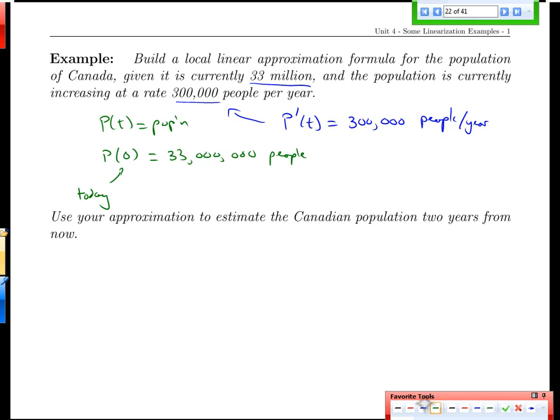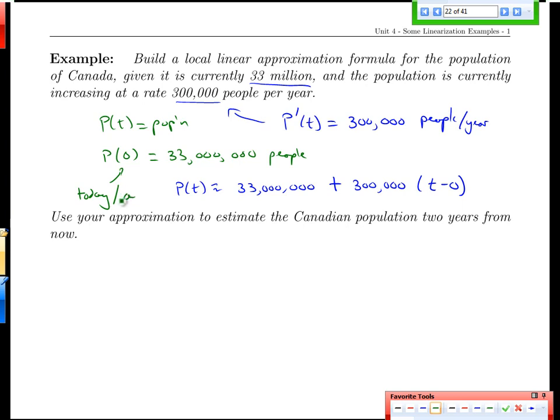All right. With that combination, we can very simply generate an approximation. So right now it's 33 million, so we can keep that, plus the rate of change, 300,000, times here, we'll add our extra ingredient, t minus 0.